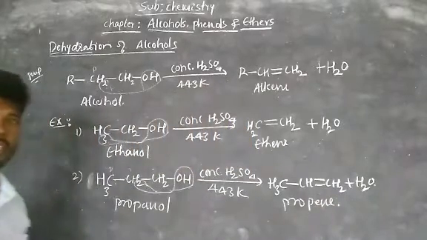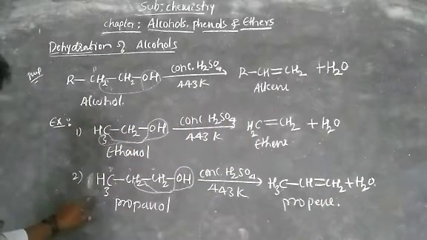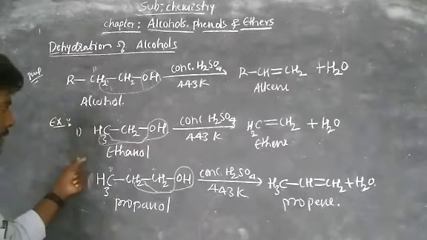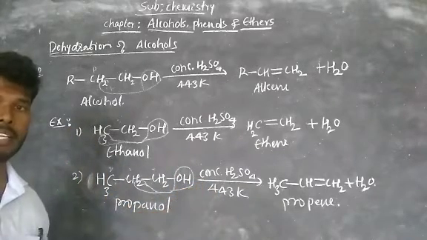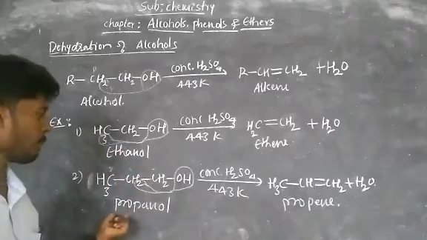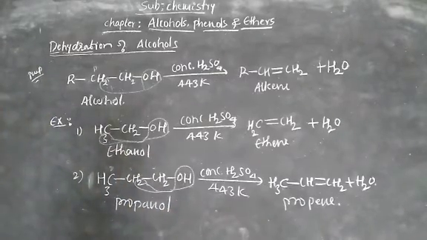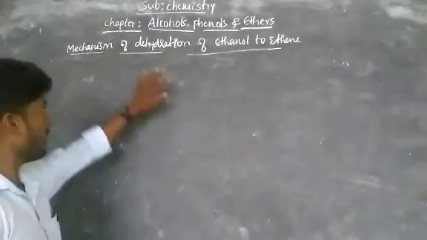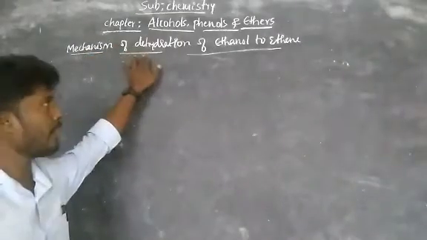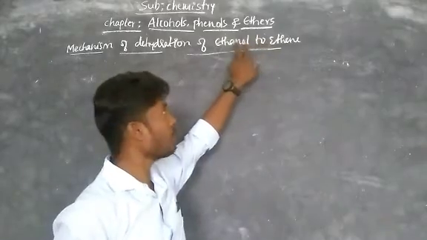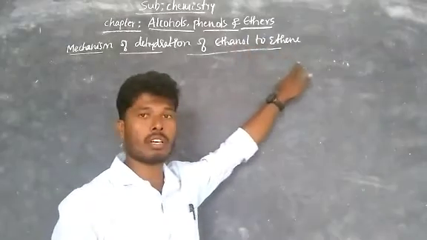Propene. Okay. Now we are going to study the mechanism of this conversion from alcohol to alkene, that is ethanol to ethene or propanol to propene. Now take the mechanism. The next one is the mechanism of dehydration of ethanol to ethene. Already you know the chemical reaction, how to convert ethanol to ethene.